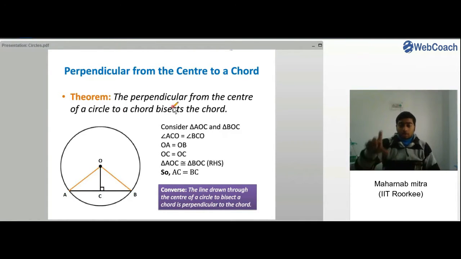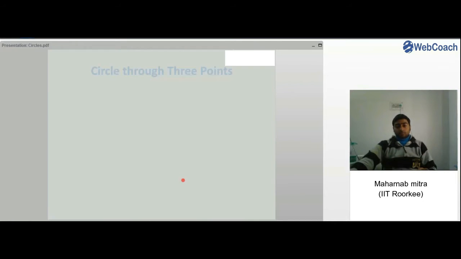In the theorem above we have given that the line drawn from the center to the chord is perpendicular, but in the converse we know that the line from the center actually bisects the chord, and from there we can easily get that both these lines, the chord and the line from the center, are perpendicular to each other, right? So we can also use this to solve different questions.